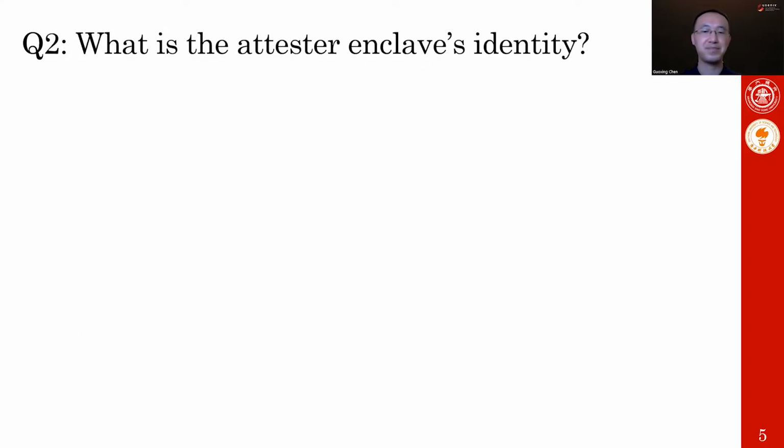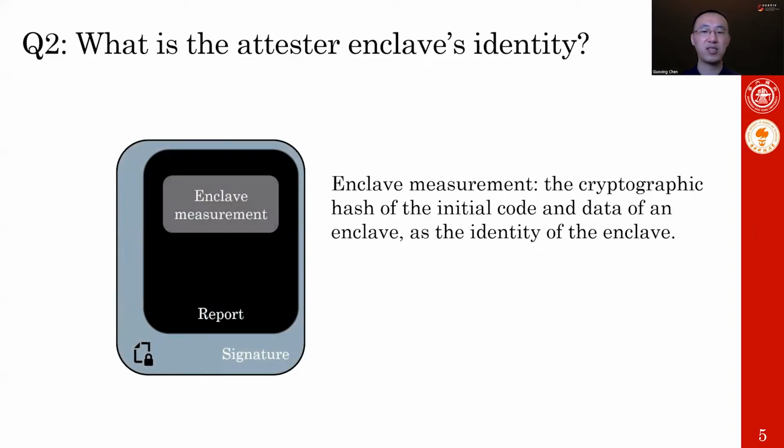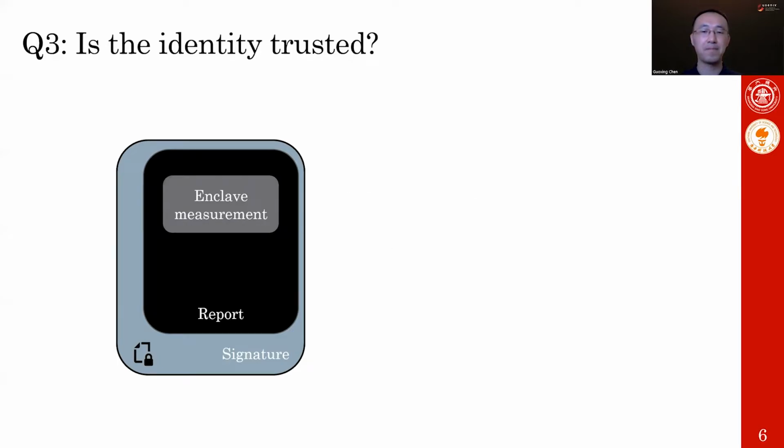Question 2, what is the attester enclave's identity? One enclave can be identified by the enclave measurement, which is the cryptographic hash of its initial code and data. Usually, the attester enclave's measurement is inserted by the TEE platform into the signed report sent to the verifier, so that the verifier obtains the attester enclave's identity simultaneously when verifying the report.